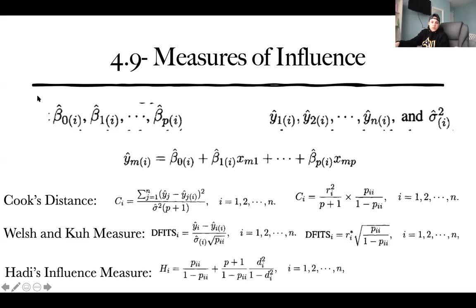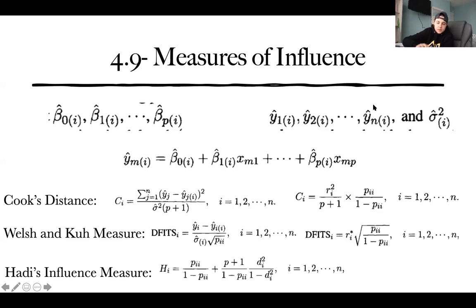So we're looking right here at the top left of beta sub 0 sub i hat all the way up to beta sub p sub i hat. And this right here is our regression coefficients obtained when the ith observation is deleted. And also our y sub 1 sub i hat all the way up to y sub n sub i hat.